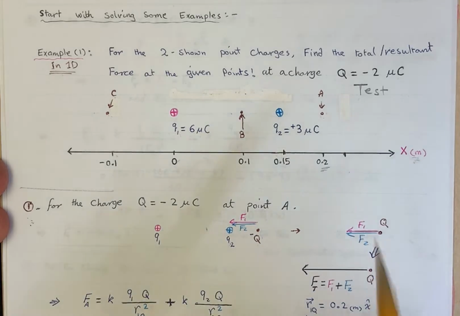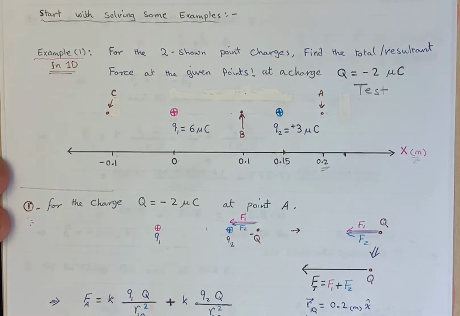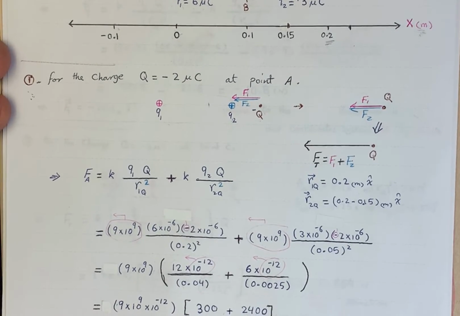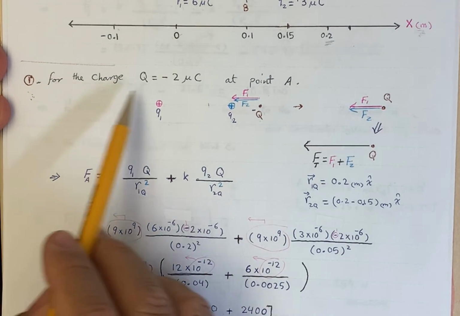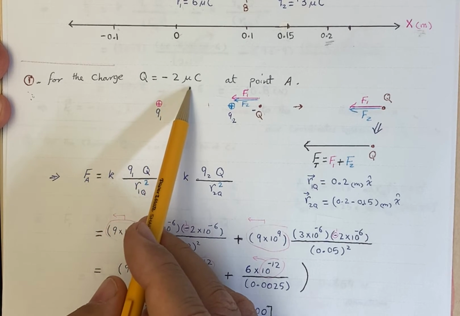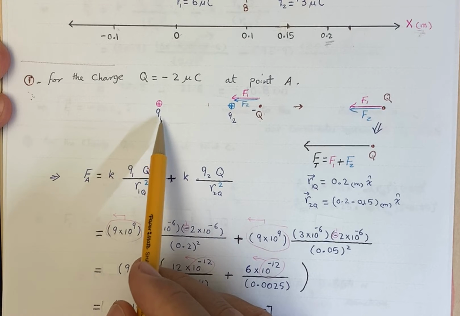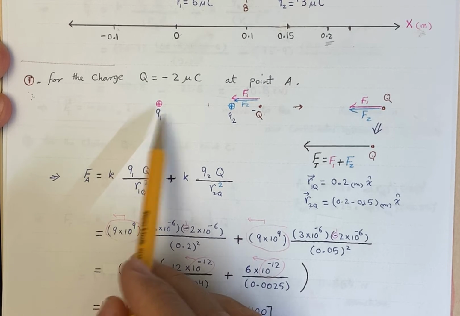Okay, let us solve the problem at the A position. Now, the test charge is Q, capital Q, which is negative 2 microcoulomb at point A. Let us see what we have in our system.